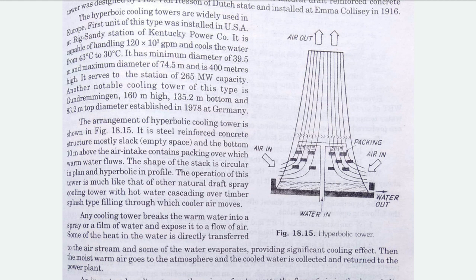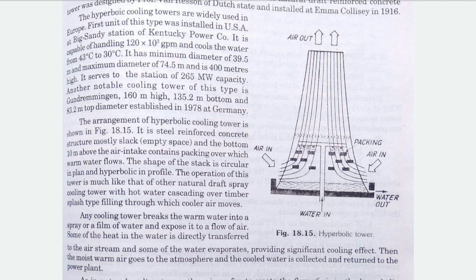Now we will study the basic arrangement of the hyperbolic cooling tower. The arrangement is given in the figure. It is a steel reinforced concrete structure, mostly empty space, and the bottom of the packing is 10 meters above the air intake; it contains packing over which warm water flows.